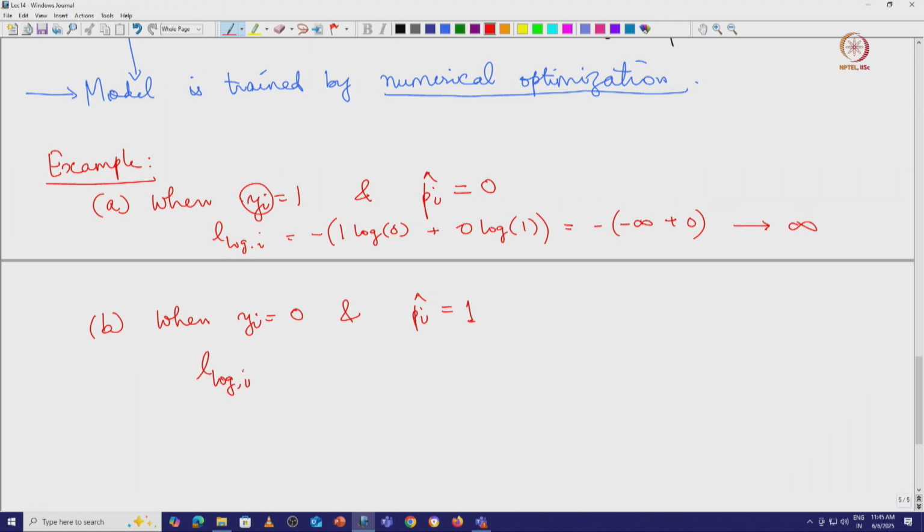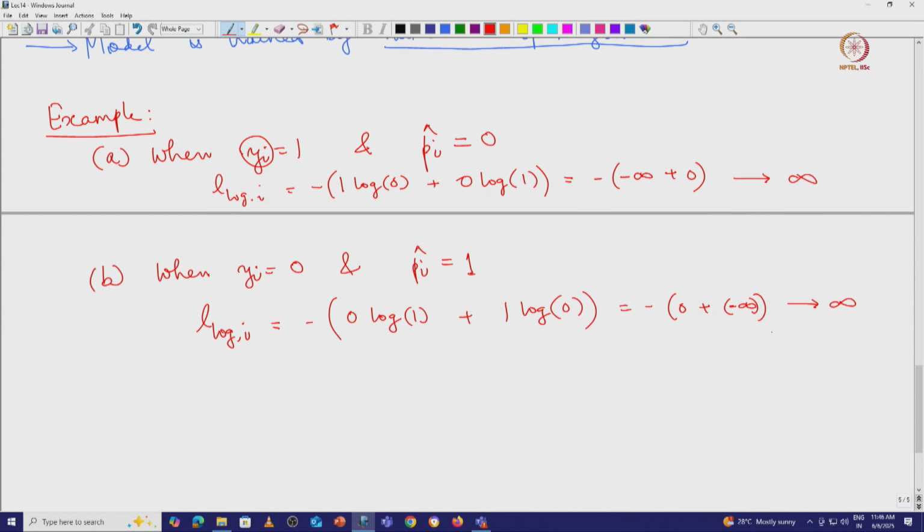So in this case again the value of the loss should be very high, and that is indeed the case, right. If you write down yi log pi hat, so that is 0 log 1, plus 1 minus yi log of 1 minus pi hat, this is what you will get, and again this is minus of 0 plus minus infinity, and this tends to a very large value. So again the optimizer will have to work really hard, right.